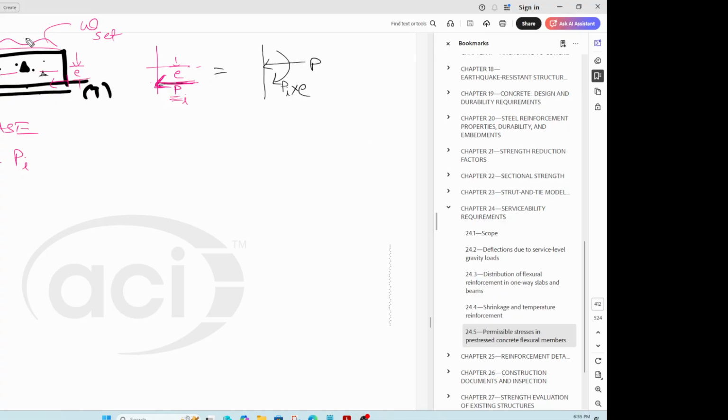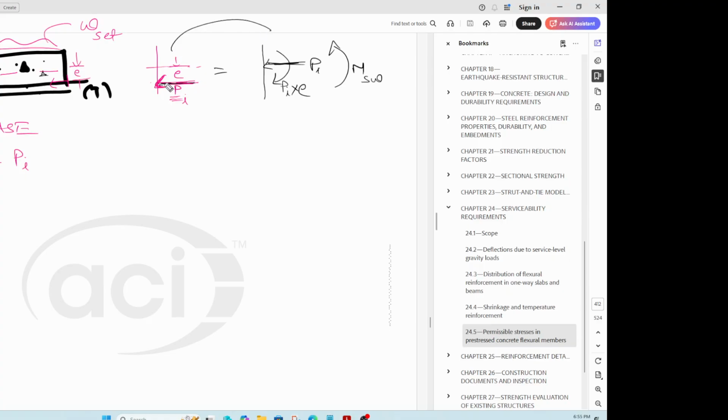And then there is self weight, which is causing an anti-clockwise moment. So this is the moment caused because of self weight. I'm using loose notation here, but the idea is just to convey the message.